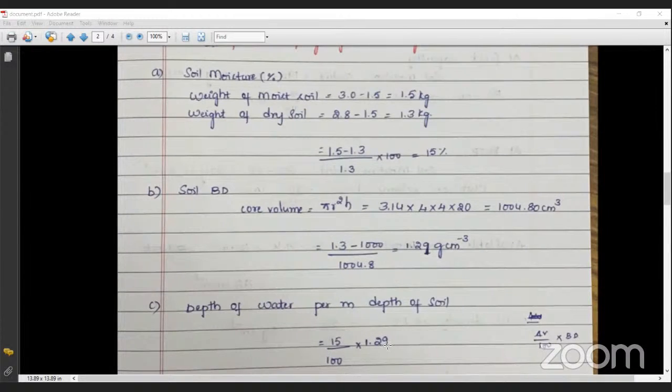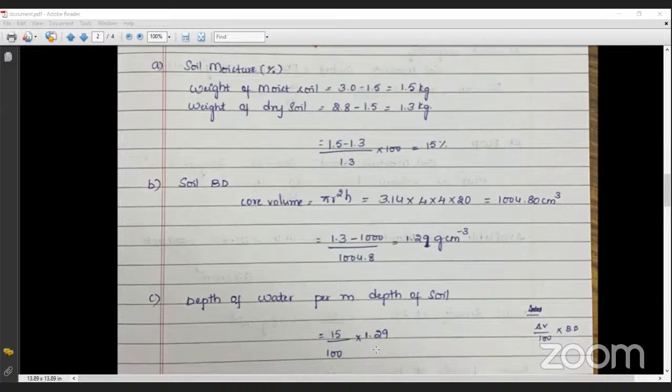This 1.29 is the bulk density value. This is a similar question to the first one: soil moisture percent on weight basis multiplied by depth of the soil gives the depth of water. Now I calculate how much the depth of water comes. I have already given the answer, 15 divided by 100 into 1.29.